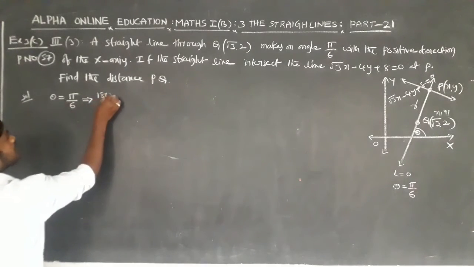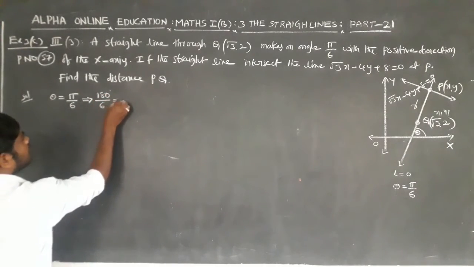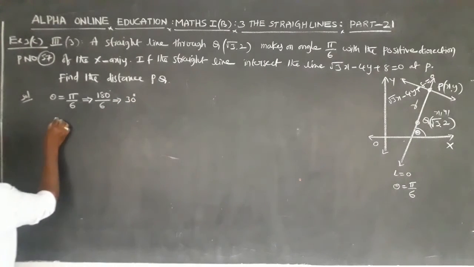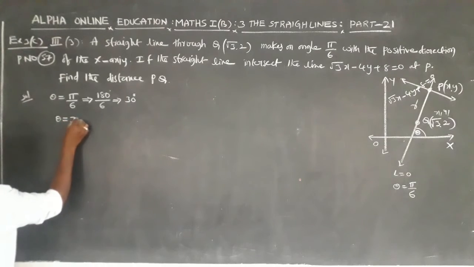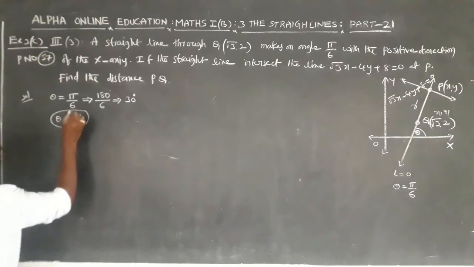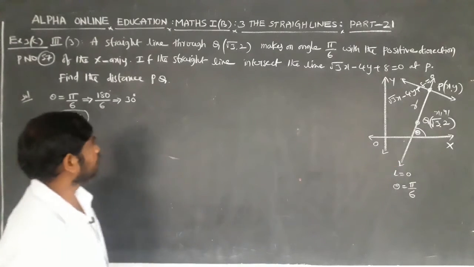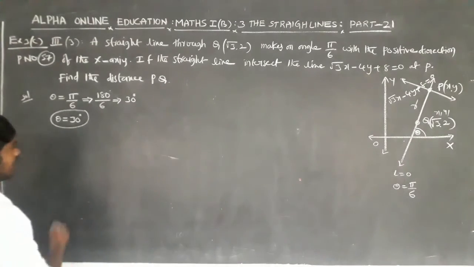Pi radians means 180 degrees, so 180 by 6 means 30 degrees. So here the line makes an angle of 30 degrees with the positive x-axis.